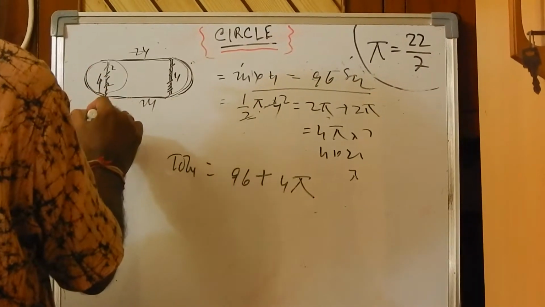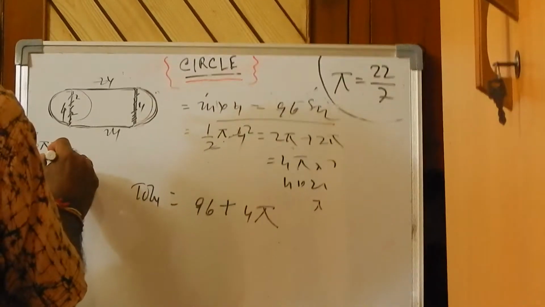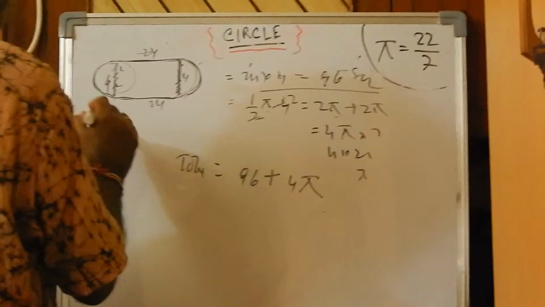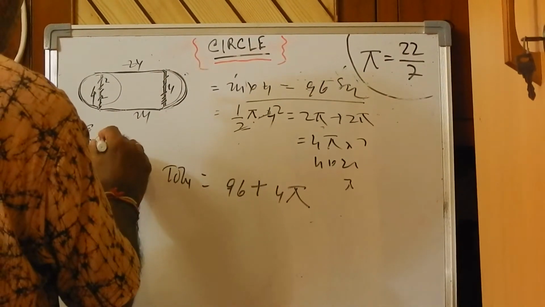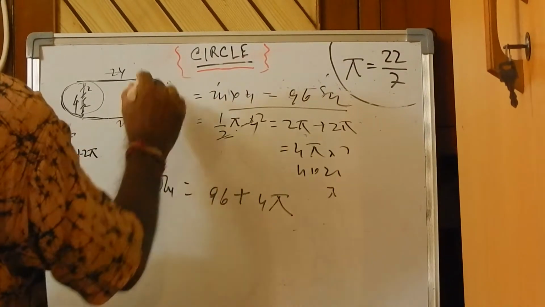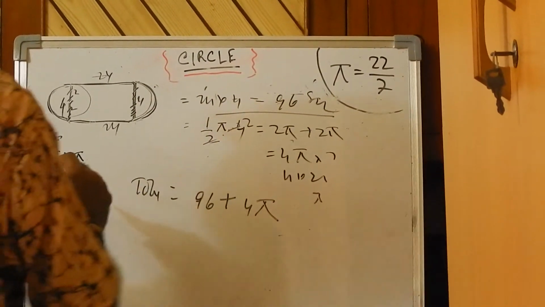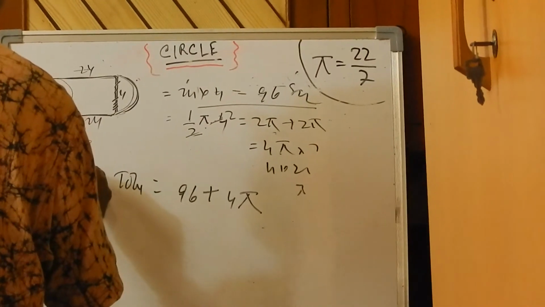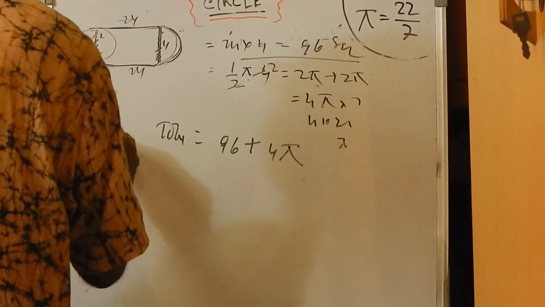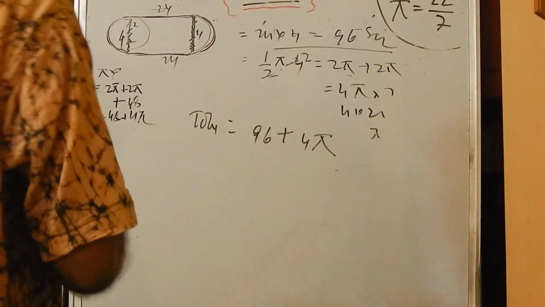So here pi r, that means 2 pi, as r is 2 here. Here is also 2 pi. That portion plus 24 plus 24, 48, 48 plus 4 pi. So this is the basic.